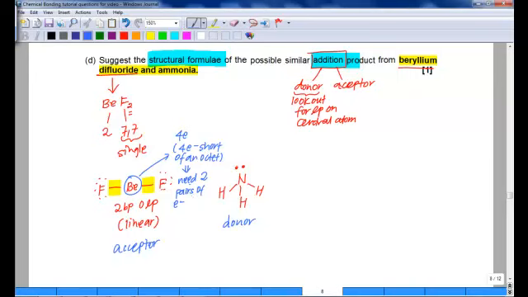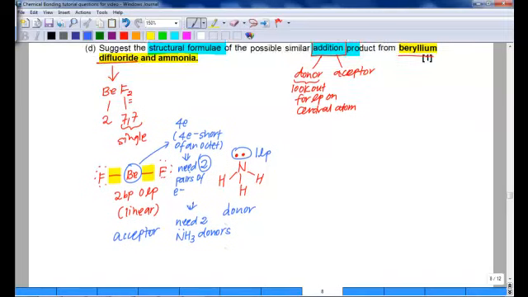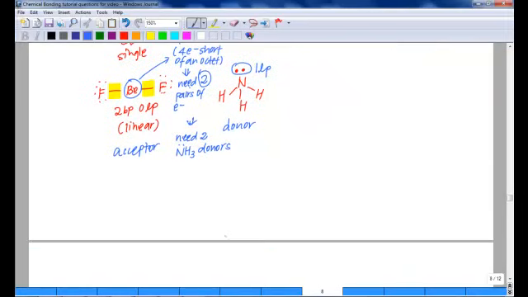But you notice ammonia, one ammonia only has 1 lone pair, but it needs 2 lone pair. So therefore, I actually need 2 ammonia donors to react with it. Okay, so based on this, we can draw it easily. Let's take a look.